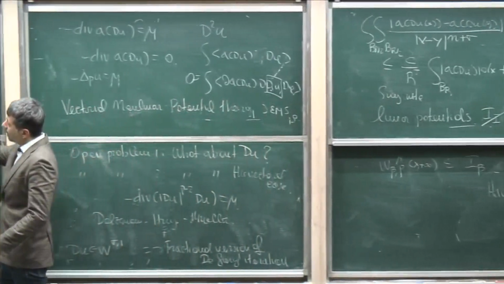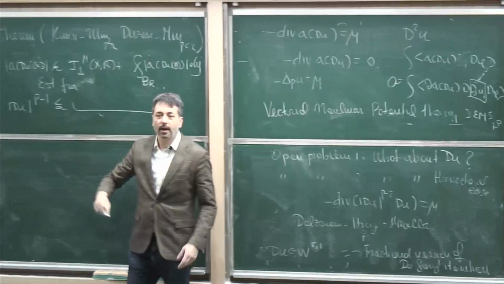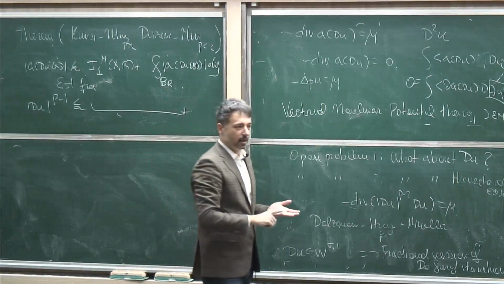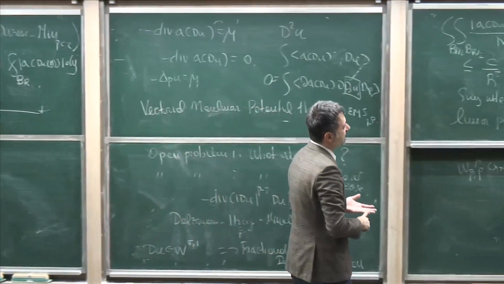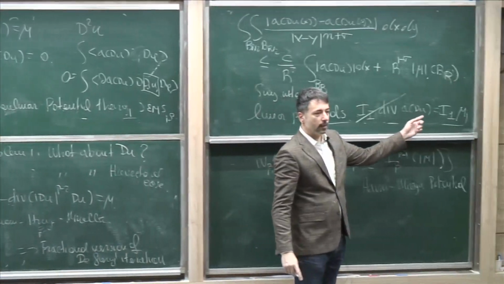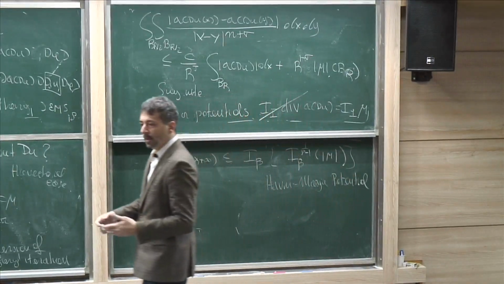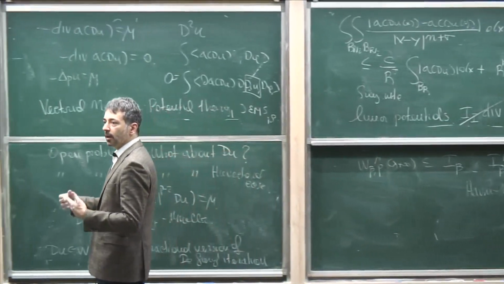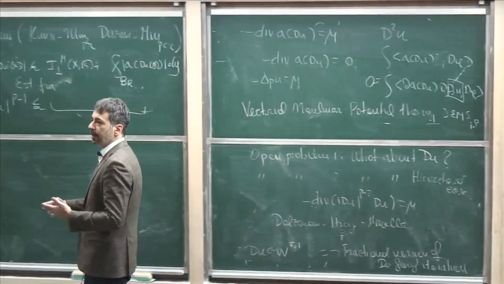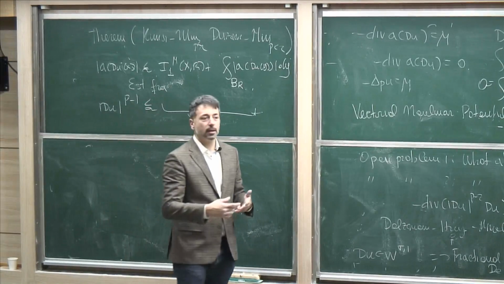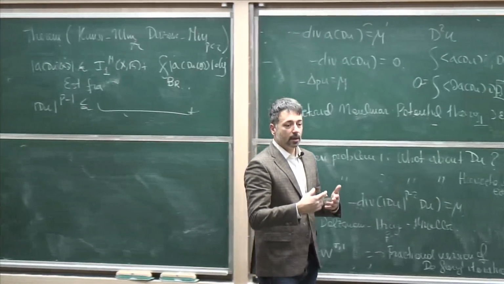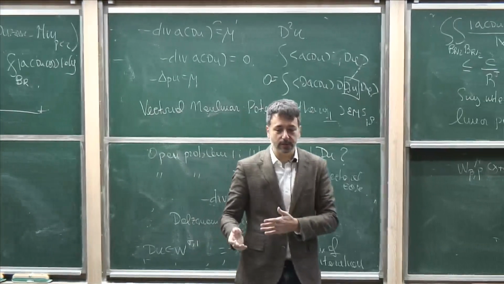And so that's the real strength of these estimates. They completely linearize the problem, because the problem is now not a nonlinear problem in the gradient, but is a linear problem in a nonlinear vector field of the gradient.